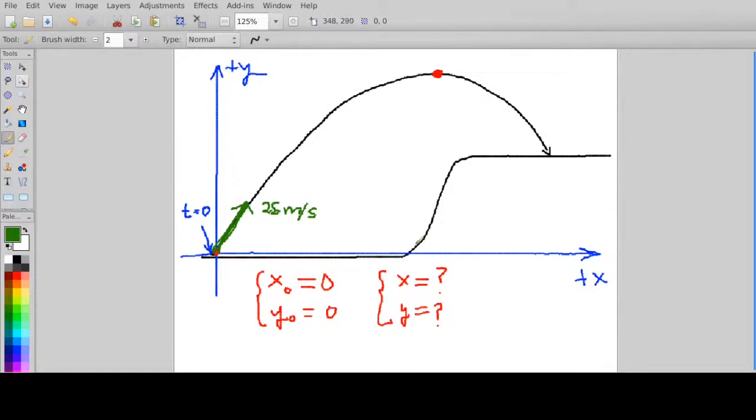The other piece of information I say is 60 degrees above the horizon. I know there's a hill here, but if you're standing at ground level and you look out to where the sky meets the earth at a far distance, that's your horizon. That would actually define your x-axis.